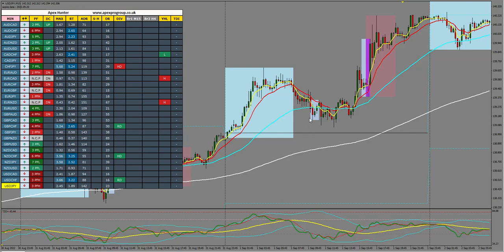So the type 3 setup is called the 50-50-50 because it normally happens around the 50% of the Asian range. The Asian range is respected, and then we normally have the 50 EMA running through the Asian range and across the 50% line of the range there.